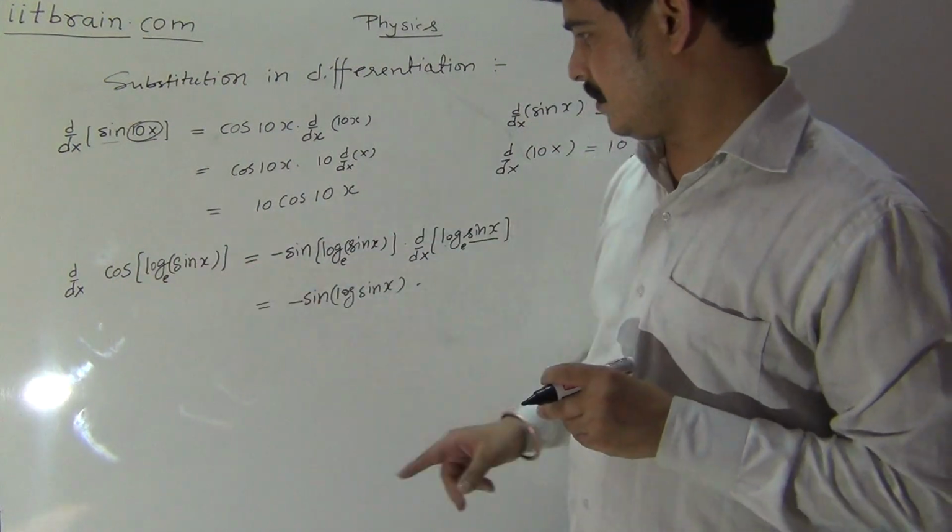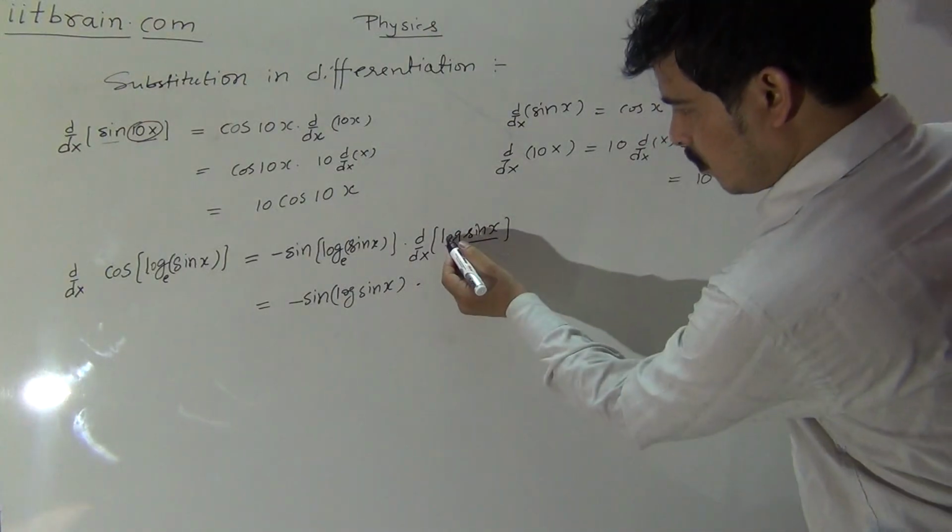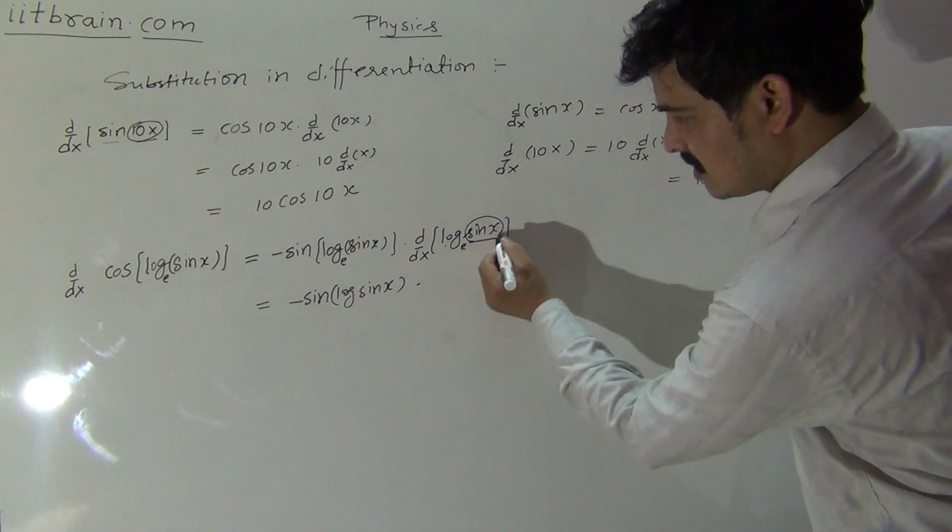Then cos log e base sin x is minus sin this, and differentiate this once again, and we know the formula of log e base x.